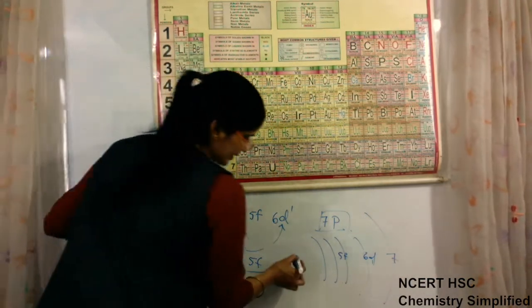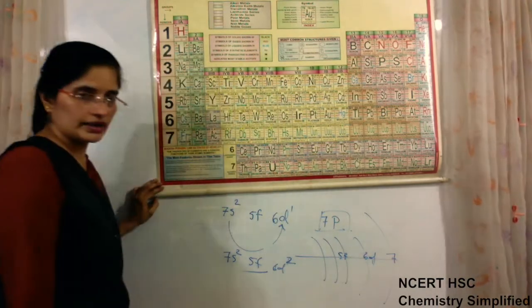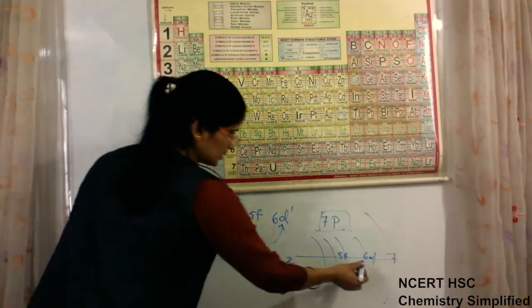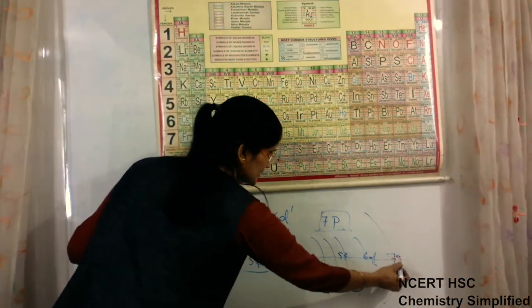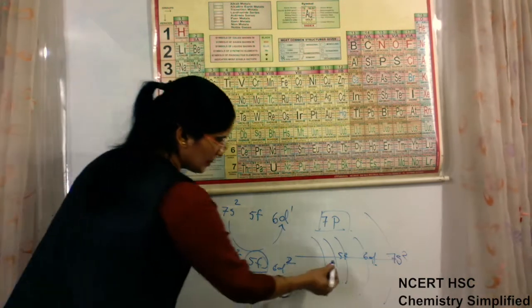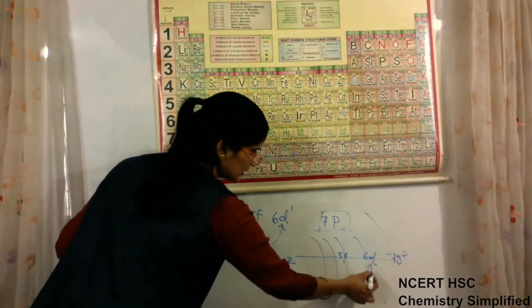Now because the size of the atom has become bigger and bigger, what is happening? The electron has entered in 7s2, now the next filling should take place in F. But instead of F, the electron is going in D.